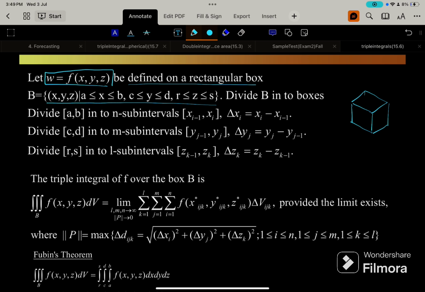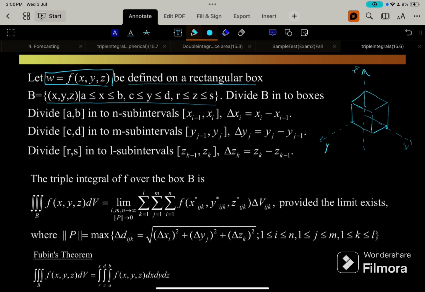And so if we draw a coordinate axis, x, y, z, we're gonna say that A is gonna be here on the x axis, and B is gonna be here. So let's do it in a different way.